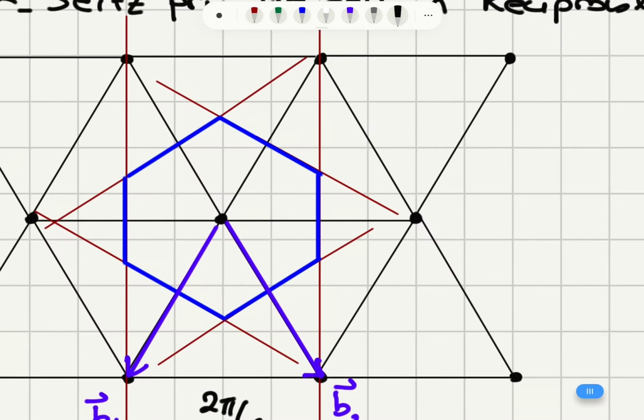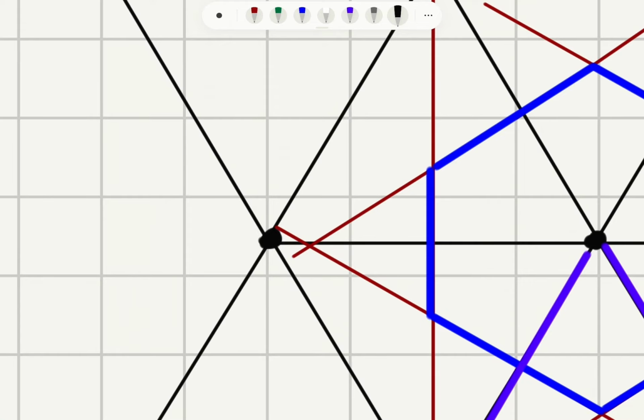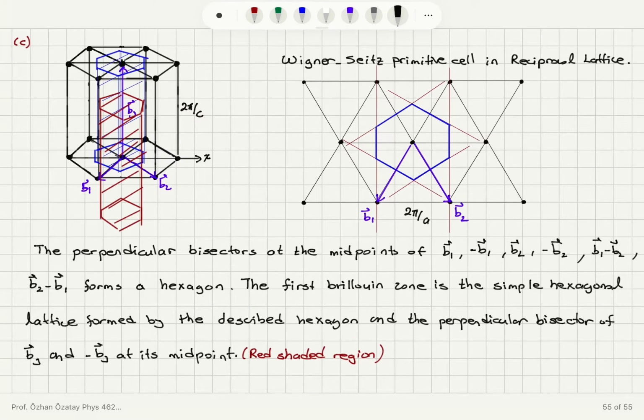And this lattice point is connected to the center point by a vector b2 minus b1, and this one is connected by b1 minus b2.